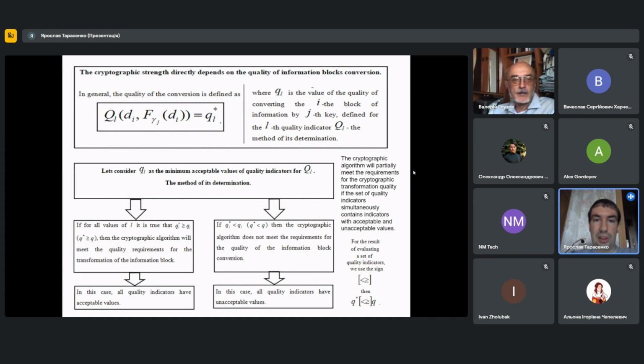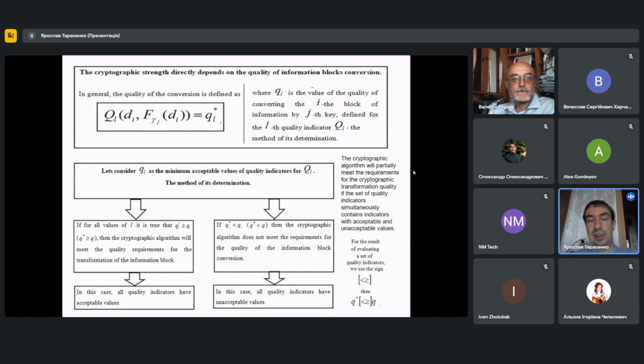On the next slide, you can see the cryptographic trends, which directly depend on the quality of information block conversion. In general, the quality of the conversion is defined as, you can see the formula, where Q is the value of the quality of converting the eth block of information by this G's key defined on the else quality identifier.